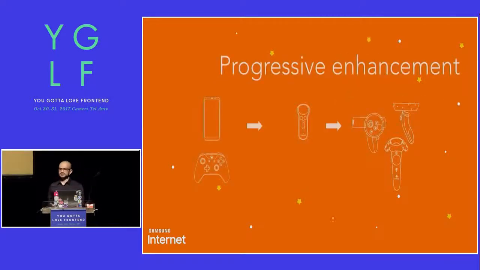In something related, we have the concept of progressive enhancement, where it's not only about having support for different platforms, but we are also interested in making sure that the content you are creating is truly accessible. And accessibility here, we are defining as making sure that the content is not locked down to a single platform.